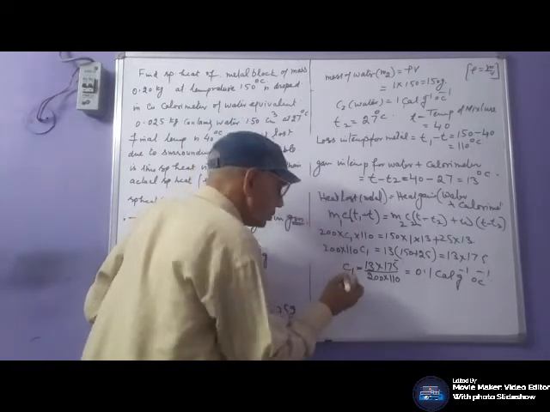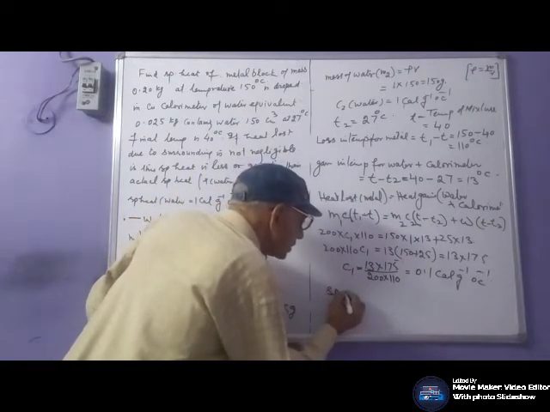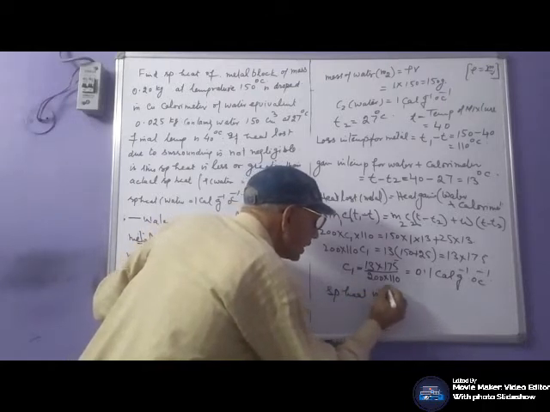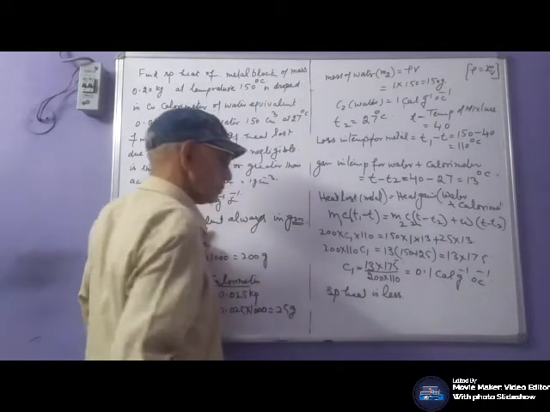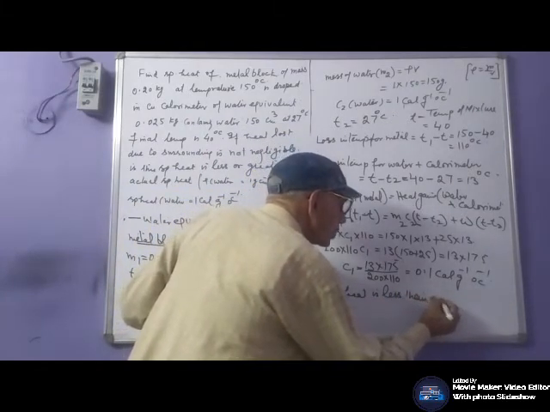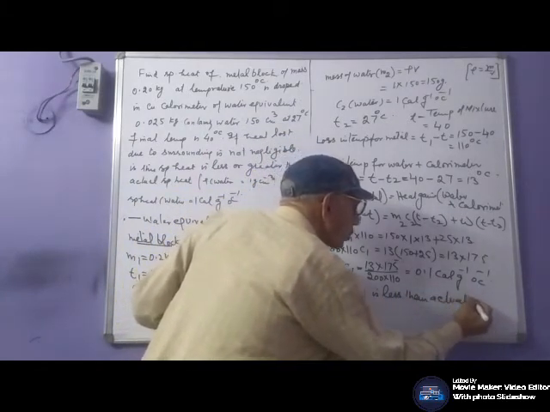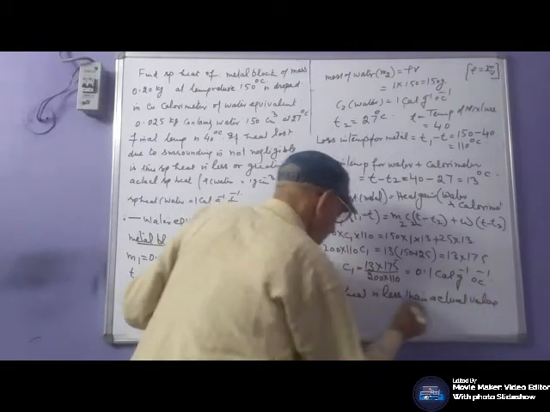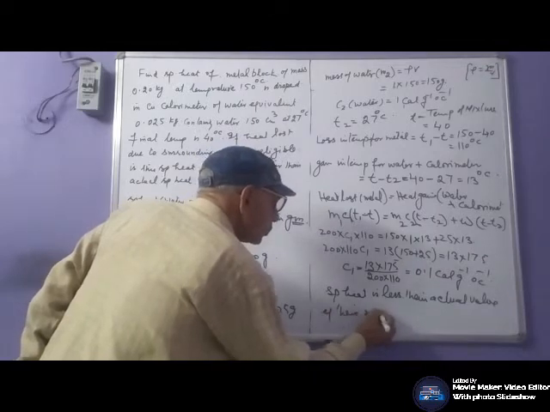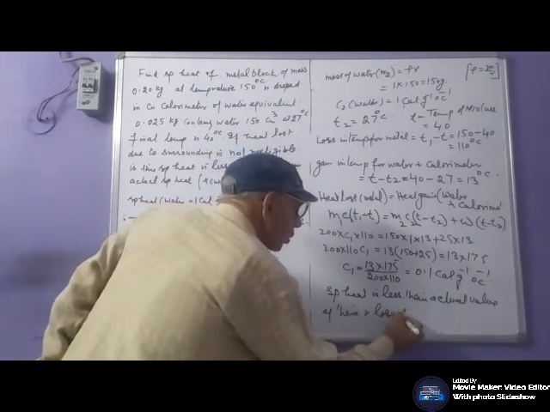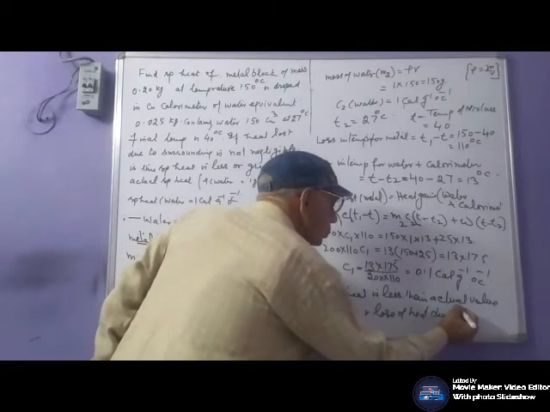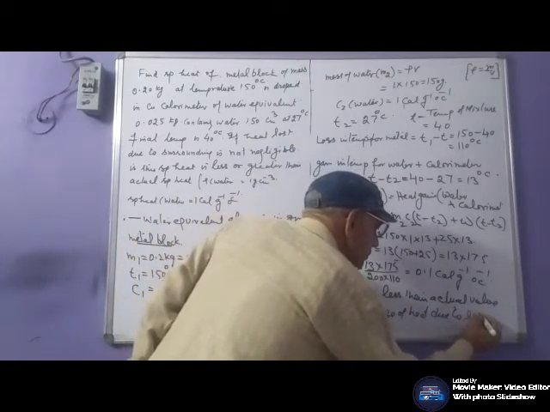So the specific heat is less than the actual value if there is loss of heat due to surroundings.